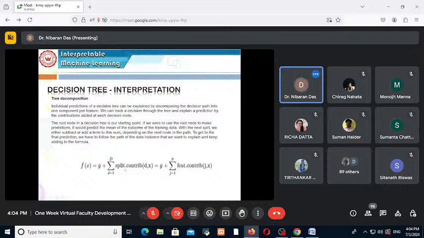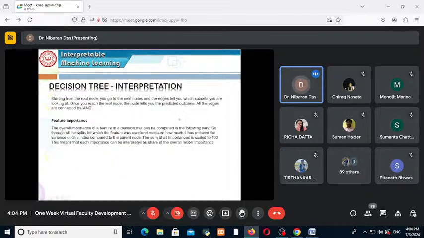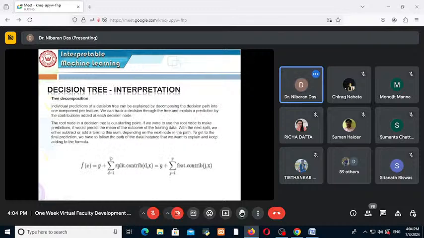Plus the split contribution. So this represents the feature contribution. This can be defined by the previous concept, the Gini index difference between the parent node and the corresponding child node.